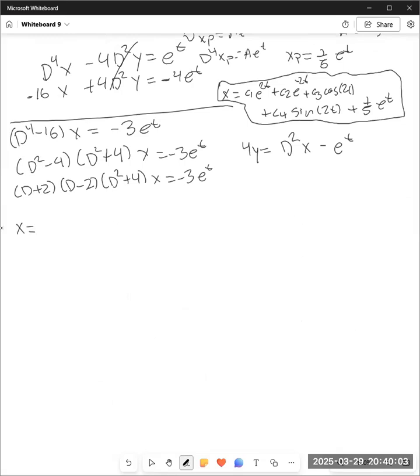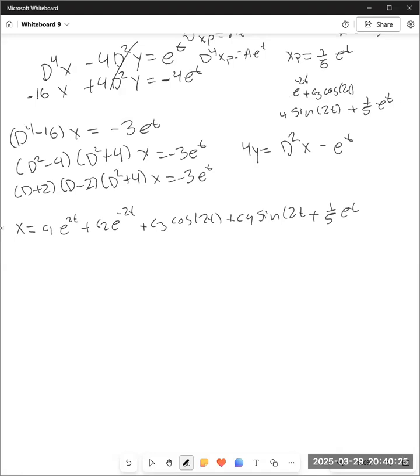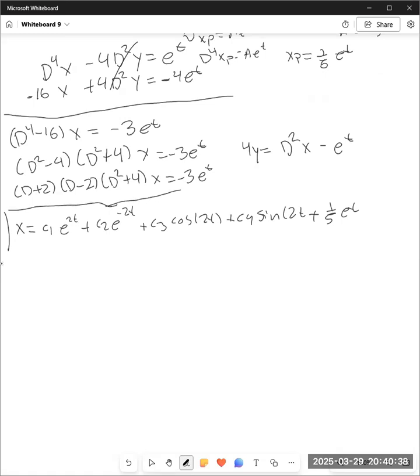X equals c1 e to the 2t plus c2 e to the negative 2t plus c3 cosine 2t plus c4 sine 2t plus 1/5 e to the t. Let's put this in a box. Here is the first part of our answer.